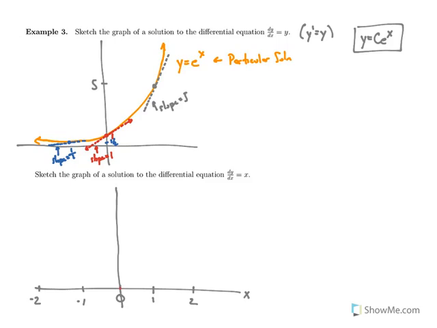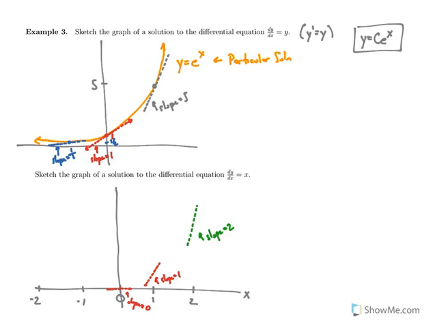So at 0, the derivative should be equal to 0, so the slope is equal to 0 here. At 1, the derivative should be equal to 1. And I'm putting this in a nice way to show what's going to happen. At 2, the tangent line is going to have a slope equal to 2.